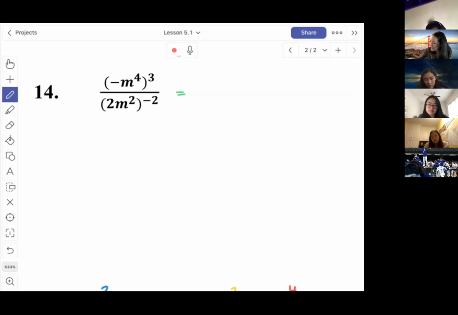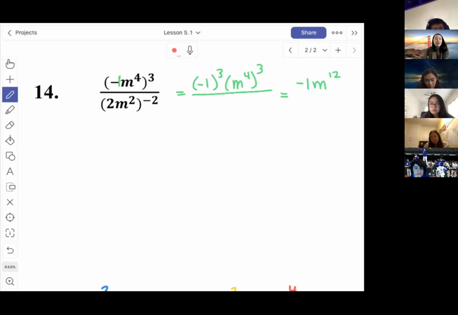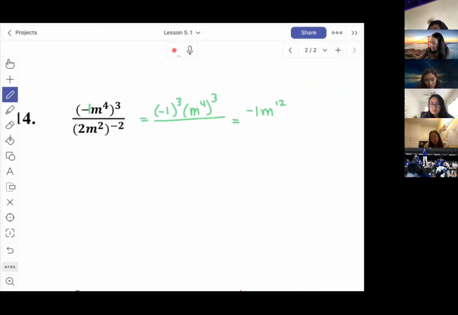All right. So this one, this is -1. So -1 to the third, m to the 4th to the third. That will give me -1 m to the 12th. Because of this being negative, I'm going to bring that up. So that is going to be 2m squared to the +2 on the numerator.